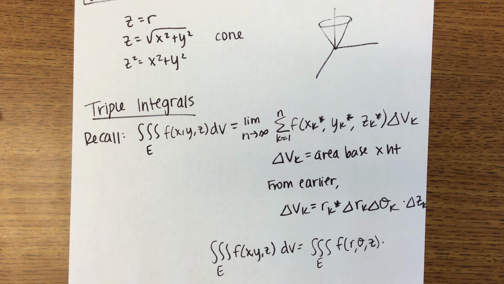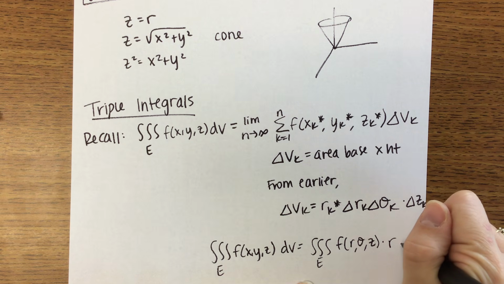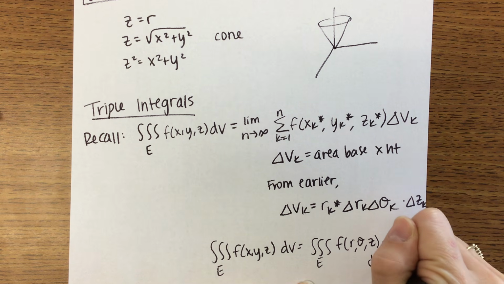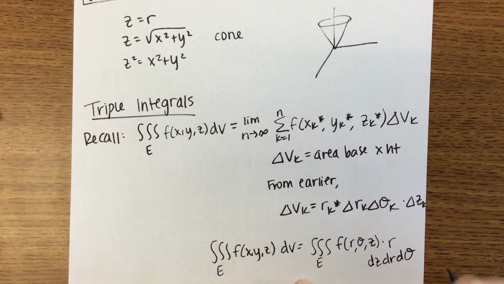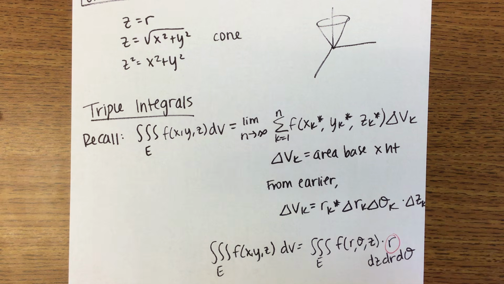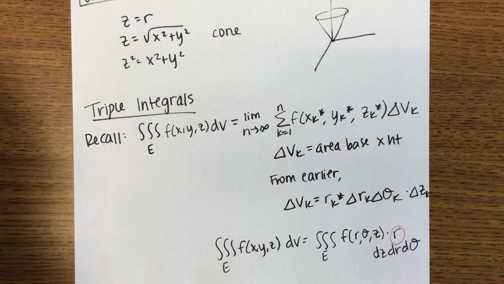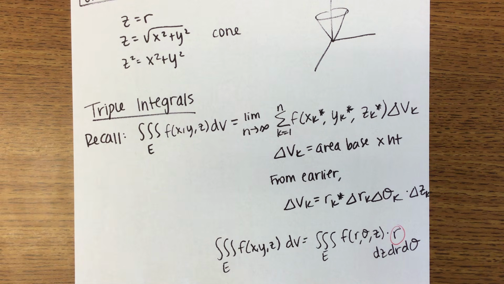Multiplied by r. Cylindrical, exactly the same. So you multiply by r, and then generally you do dz, dr, d theta. So remember, you need the r. Okay. Questions?